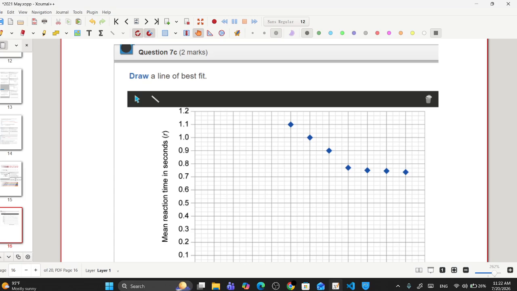So the ideal line of best fit would be somewhat looking like this.